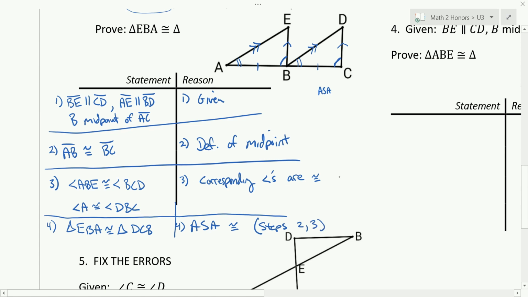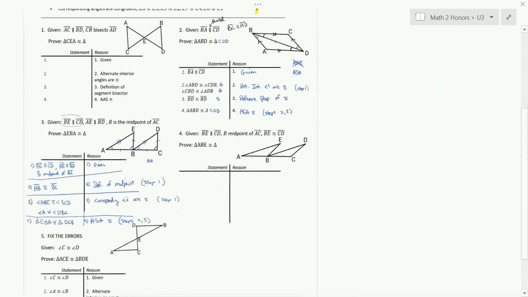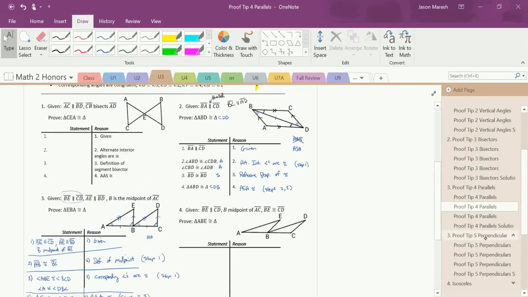Step 3 relies on step what? 1. Step 2 relies on step 1 as well. Okay. And there we have our proof. Okay. Let's go to the next proof tip.